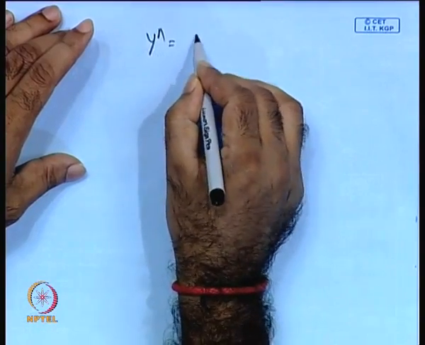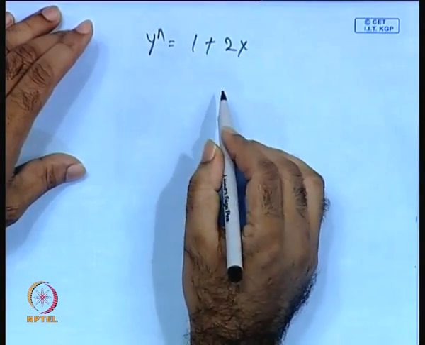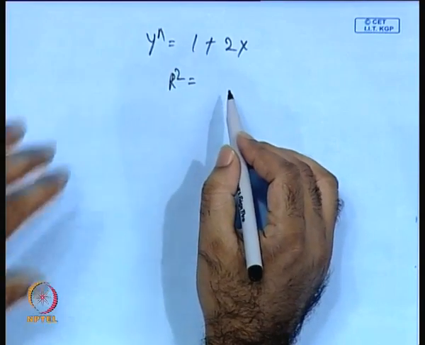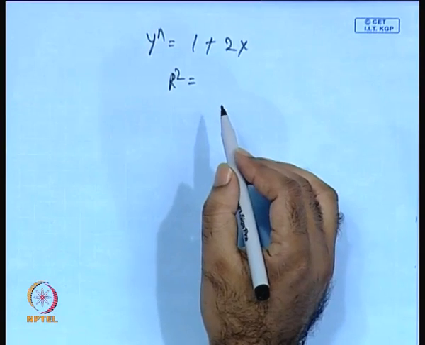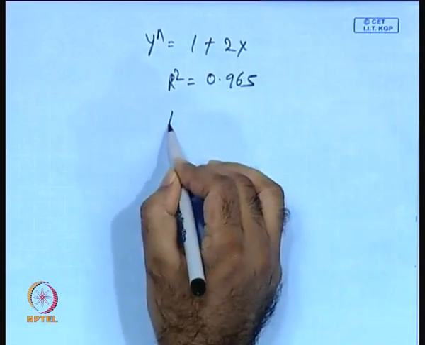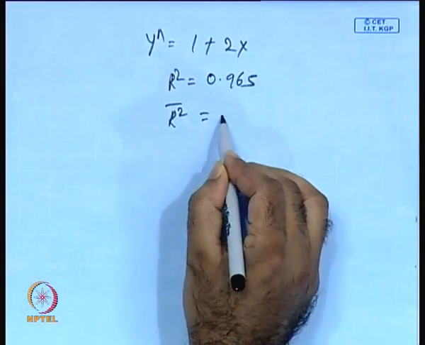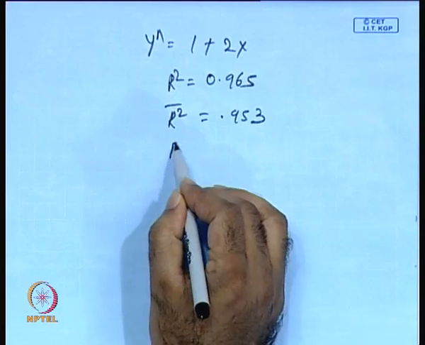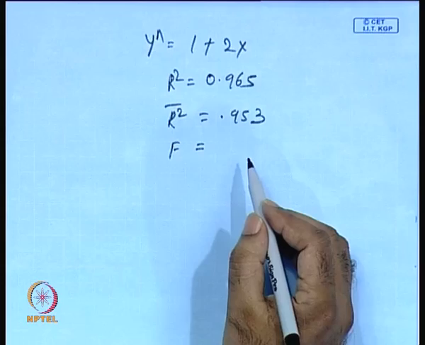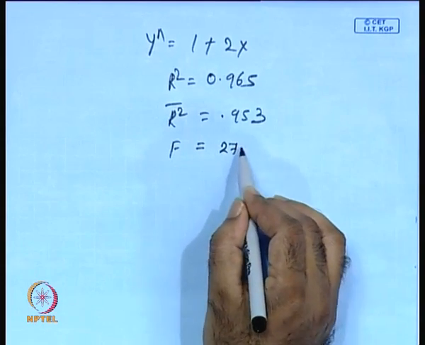So now if we summarize all these details, then finally the estimated model will be y hat equal to 1 plus 2x, and R square equal to 0.965, then adjusted R square equal to 0.953, and the F statistic is equal to 27.5.